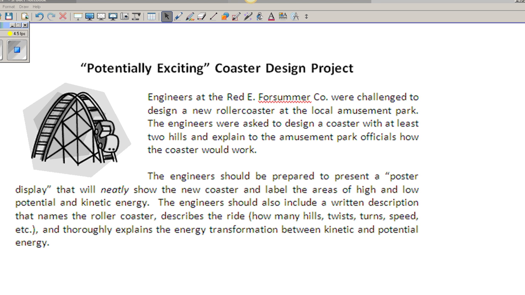The engineers should also include a written description that names the roller coaster, describes the ride, like how many hills, twists, turns, the speed it might go, etc., and thoroughly explain the energy transformation that happens between kinetic and potential energy.